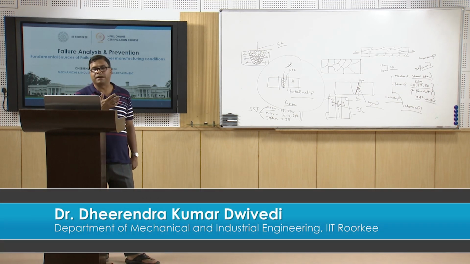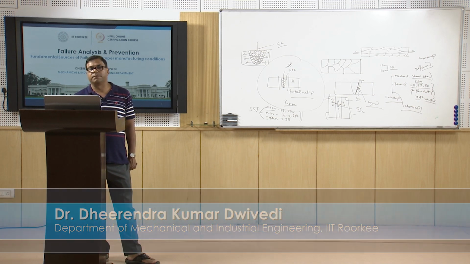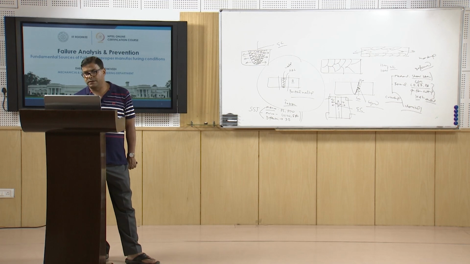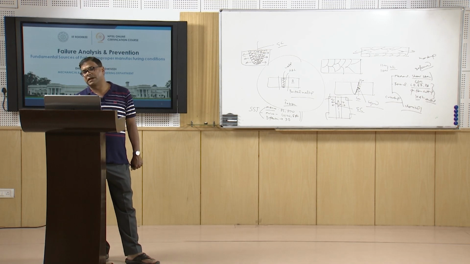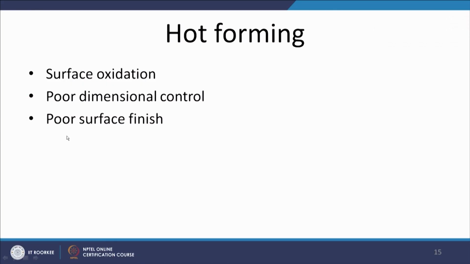So, variation in dimensions, variation in section sizes and thicknesses will lead to different kinds of contraction. So, this aspect has to be controlled very properly, and inappropriate control can lead to poor control over the dimensions, and due to the oxidation we also get a poor surface finish in case of the deformed component.